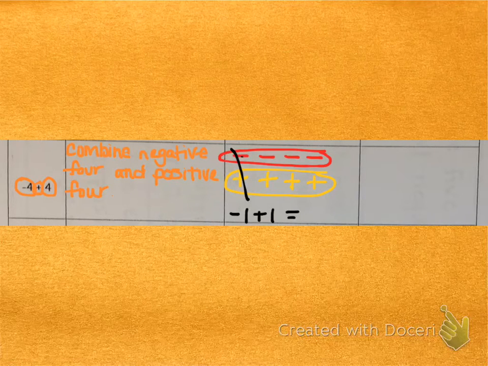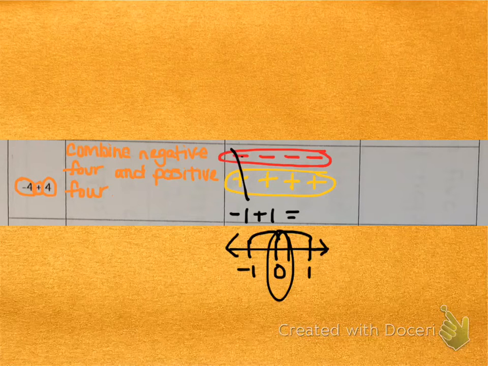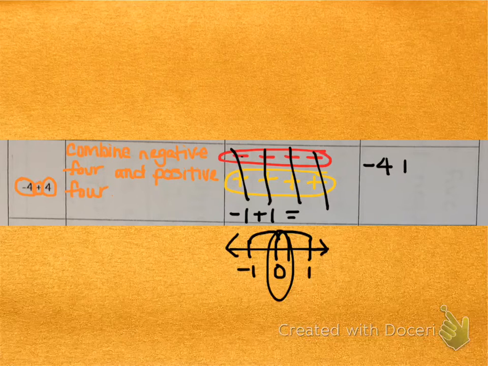When I meet those in the middle of a number line, negative 1, 0, 1, I have a negative 1 and a 1. When I combine those, they equal 0. So anytime you have a negative and positive together, that's a 0. So when I combine a negative 4 and a positive 4, that gives me a total of 0.